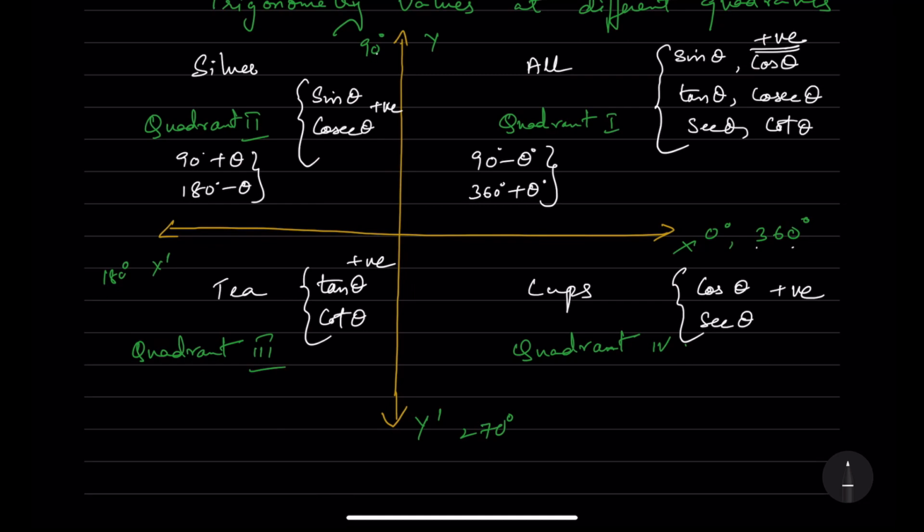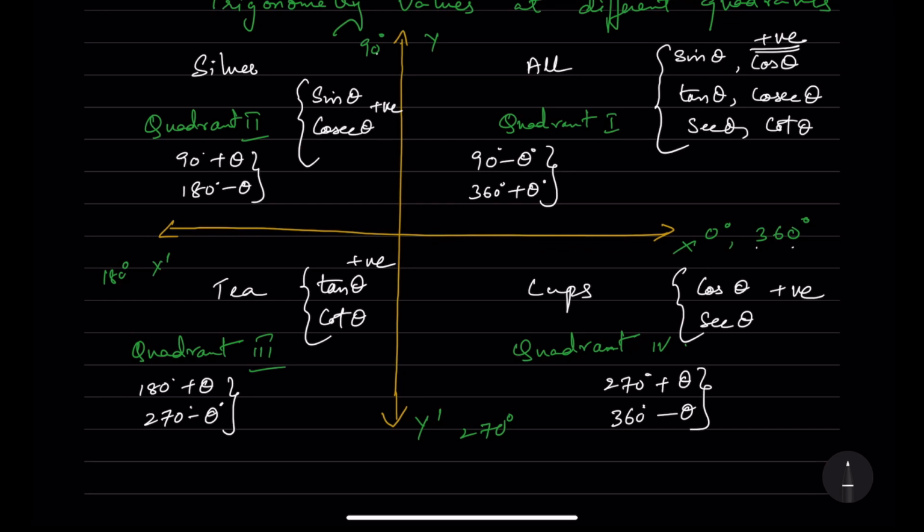Because you can see here, those which are less than 180 and lying between 90. Then in the third quadrant what will be there? 180 plus theta and 270 minus theta. And in the fourth quadrant, what do we have? We have 270 plus theta and 360 minus theta.